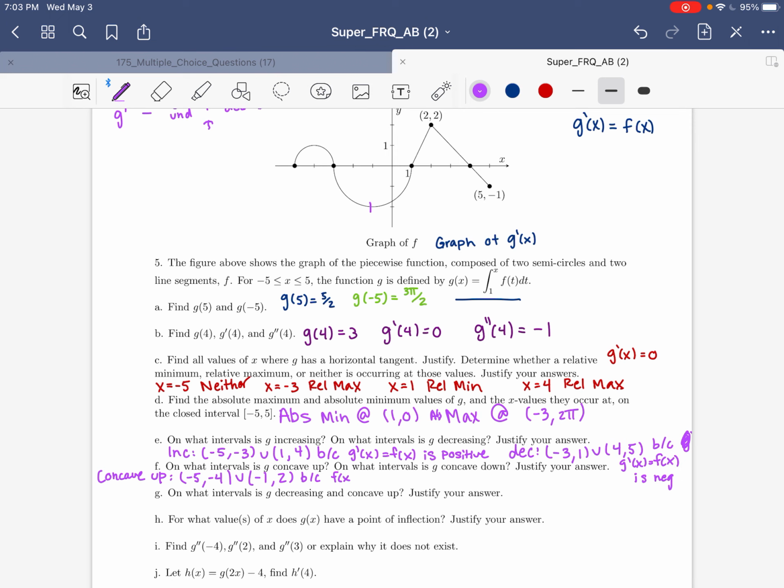And then we can say because f of x equals G prime of x is increasing.